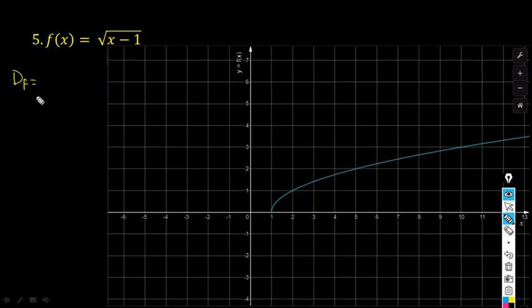The domain, by looking at the graph, would be the numbers in the x-axis that are being swept by the graph of the function, which are all the numbers starting from here, all the way to infinity. So the domain of the function f is all the real numbers x such that x is greater or equal than 1.